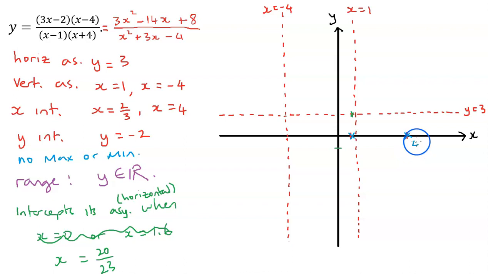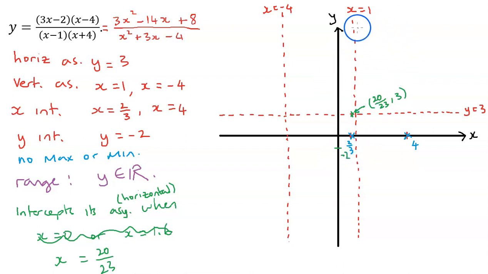So 4, 2 over 3. And this point here is 20 over 23 and 3. And then the y-intercept was -2. Other than that, we're good to go.